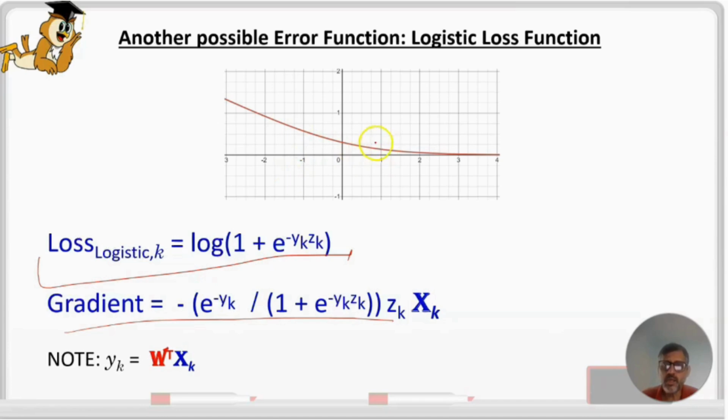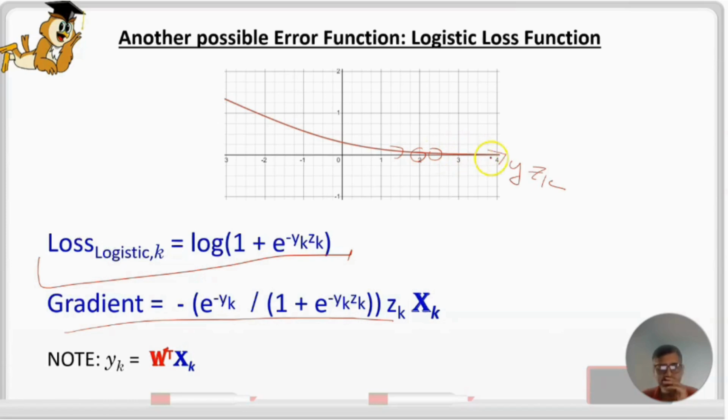Okay, the thing about this particular loss function, which is slightly different from the hinge function, is that it continues to impose a penalty, a smaller and smaller penalty, even as your yk zk goes beyond 1. Even if your yk zk is more than 1, there continues to be a penalty imposed on those points as well, albeit a small penalty.